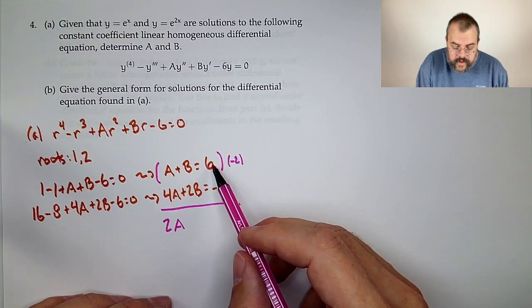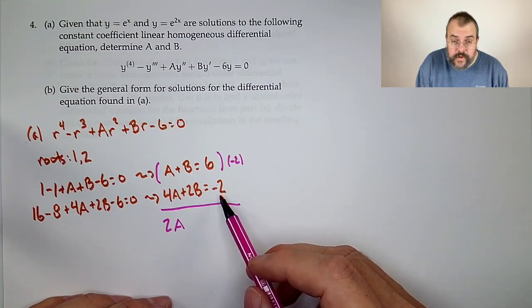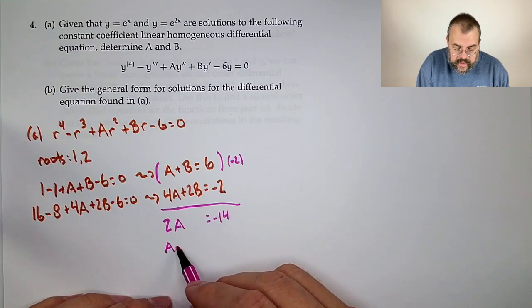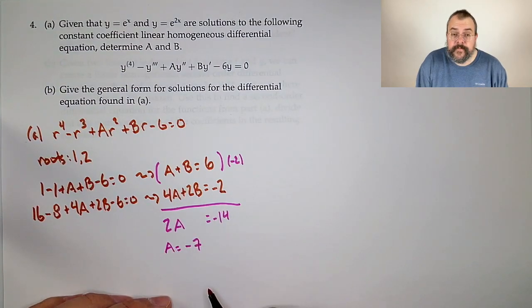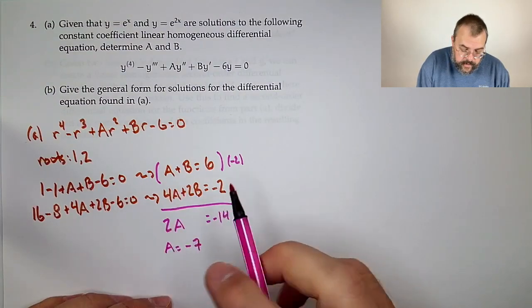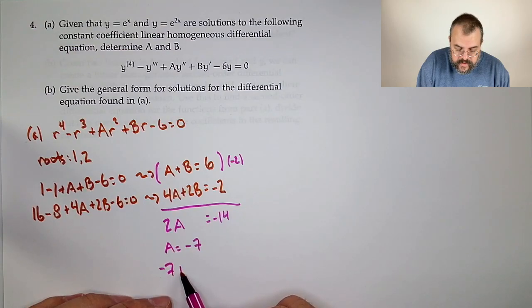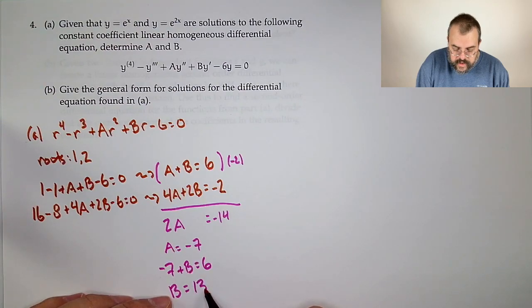Then we have minus 12 minus 2 would be minus 14. So that tells us that a has to be negative 7. Now that we know what a is, we can plug that back here. So we have negative 7 plus b equals 6. So b has to equal 13.